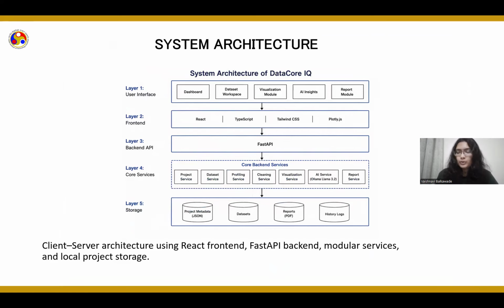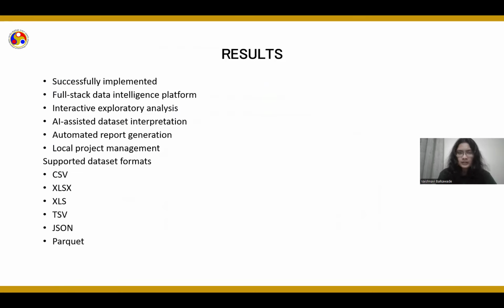Okay, now since this project is a software engineering application rather than a predictive machine learning model, traditional evaluation metrics such as accuracy or F1 score are not directly applicable. Instead, functionality was evaluated by testing every module independently. The application successfully supports project management, dataset upload, profiling, preprocessing, visualization, AI-assisted analysis, and automated report generation.